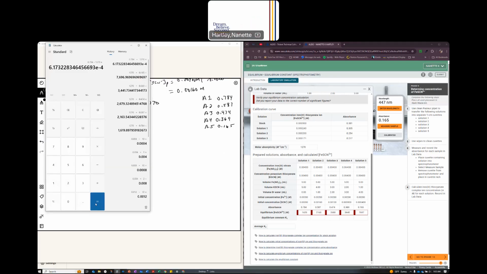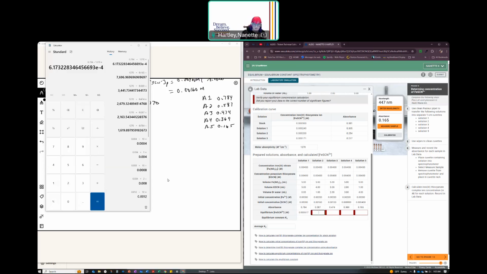And if my math is right, that's 0.000617, 3 sig figs. I'm going to go ahead and delete all of these. Six, one, seven. We'll see if it actually makes that any better.